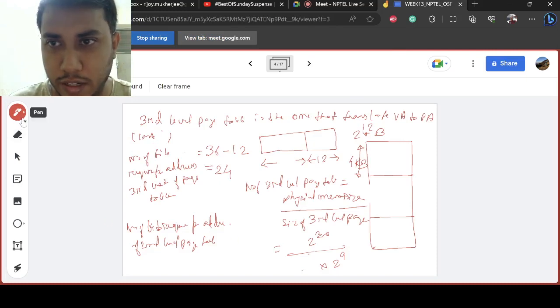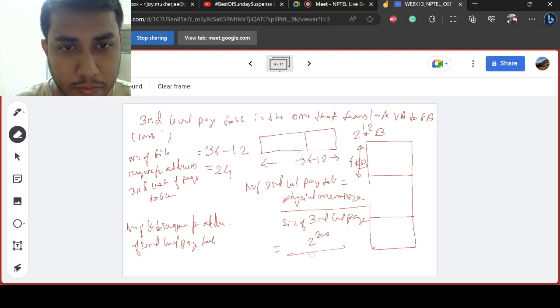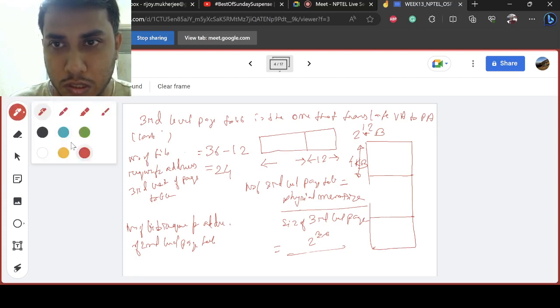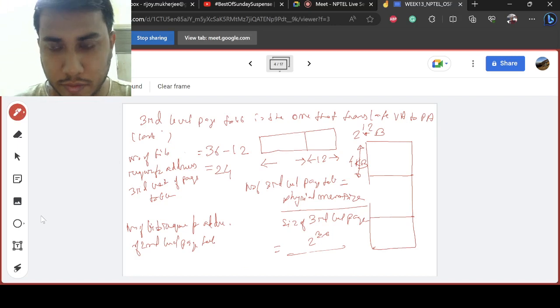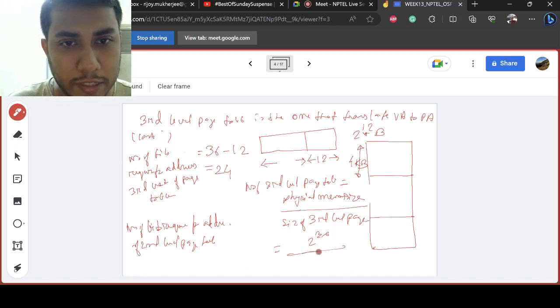Let me rewrite it. So here we have total physical memory size as 2 to the power of 36. We are calculating the number of third level page tables. The number of third level page tables will be physical memory size divided by size of a third level page table. So size of a third level page table will be what?